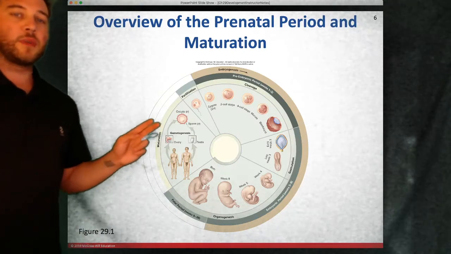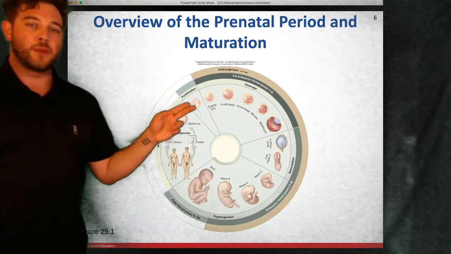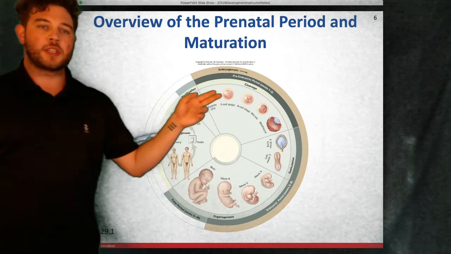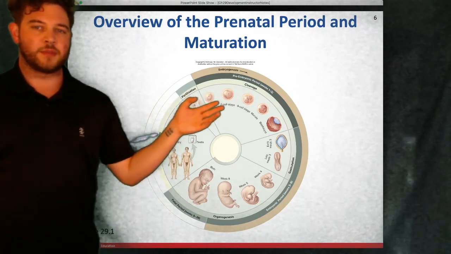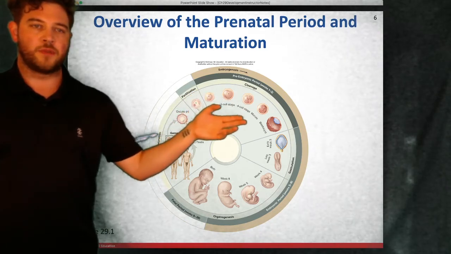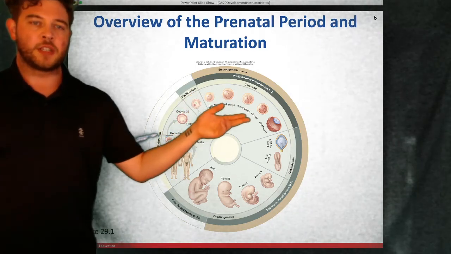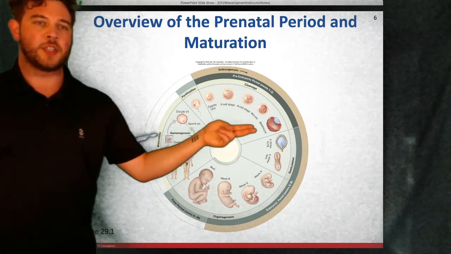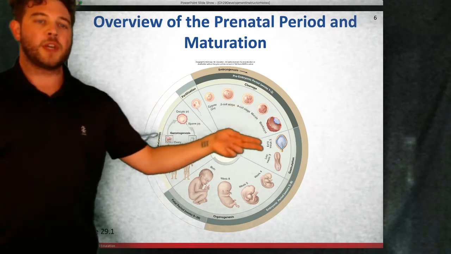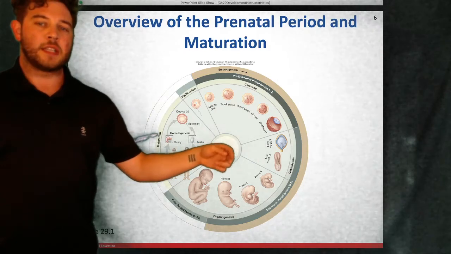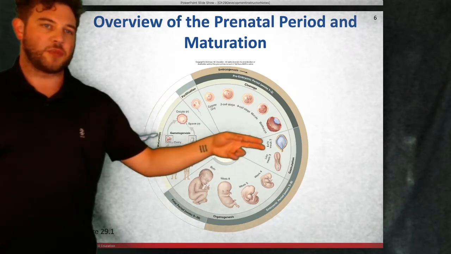So you start here with fertilization, where you form your zygote, and then it goes through a series of divisions. At first, these are fairly simple, just two cell stages. You get to the morula, which is the 16-cell stage, and then eventually you have your blastocyst, where you start to have differentiation of structure. Then we go into gastrulation, which is even more differentiation.